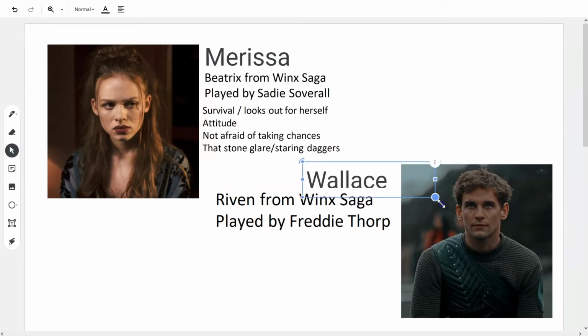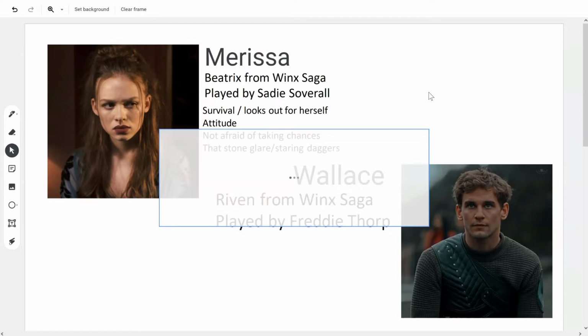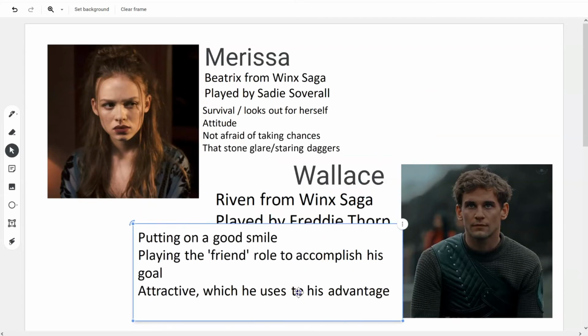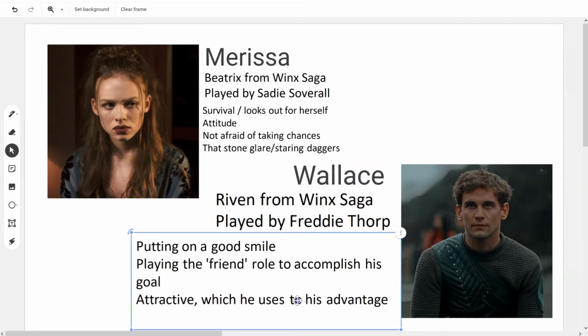I love his character so much. And I might not exactly use a lot of his behaviors, maybe some, because his character in the Winx show doesn't really match what I'm going for with Wallace in my short story.